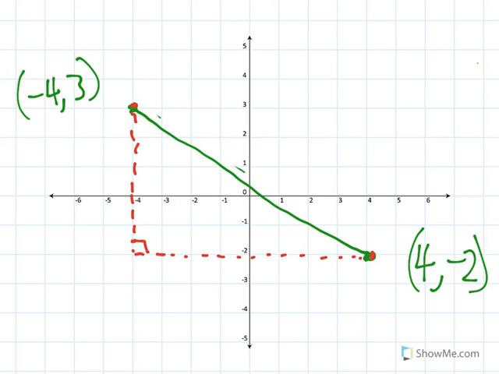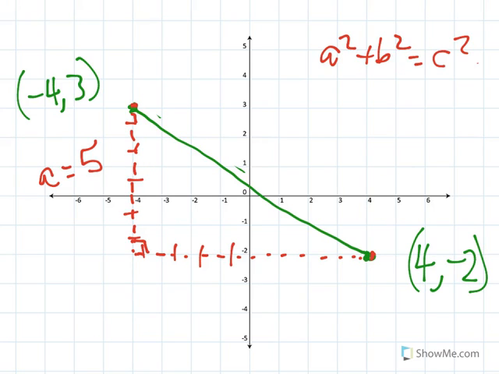What calculations can we do with right triangles? Well, we know a squared plus b squared equals c squared. We know the Pythagorean theorem, so let's apply this. I'm going to look at a here, which is 1, 2, 3, 4, 5 in length. b is 1, 2, 3, 4, 5, 6, 7, 8 in length.